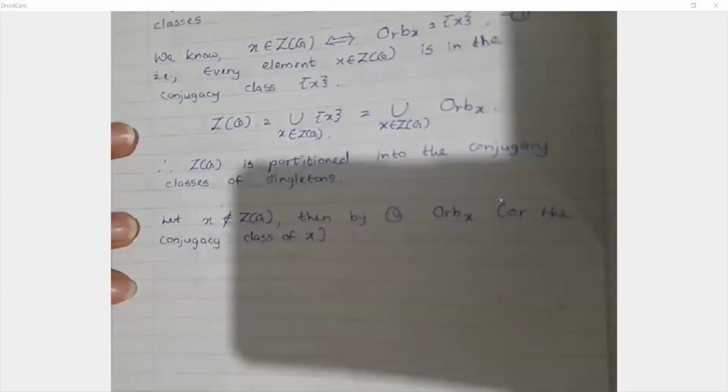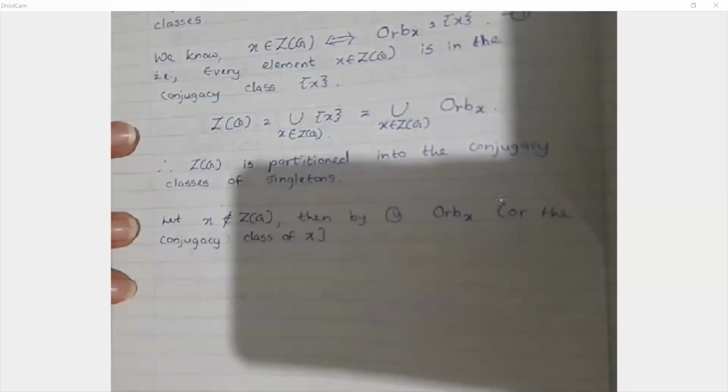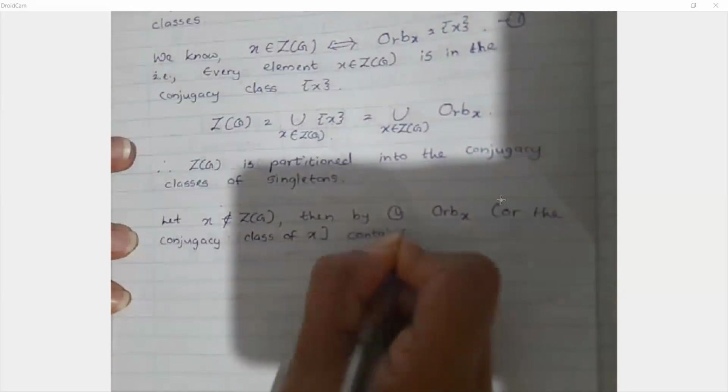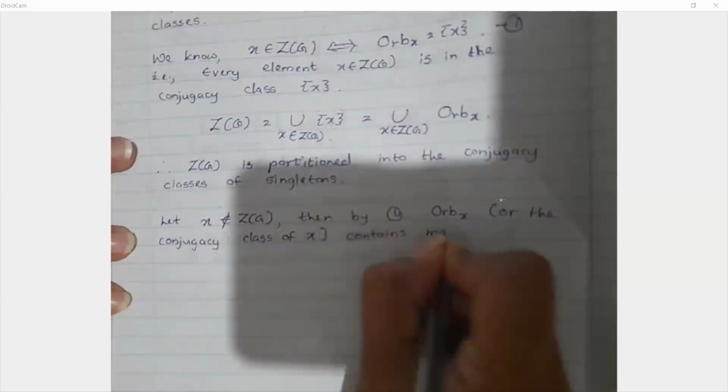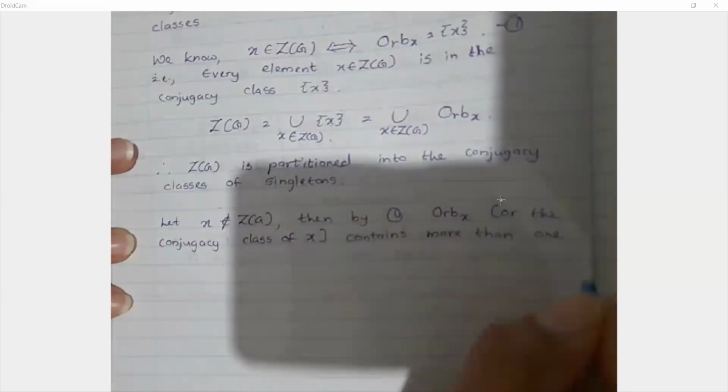Surely every orbit will contain that corresponding element. But in this case, because X is taken outside of the center, it must have another element which is distinct from X, at least one. So we simply say it contains more than one element.